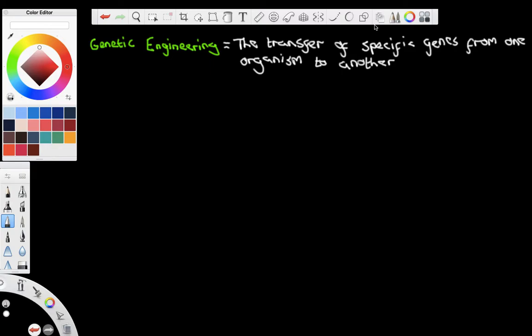Any organism that goes through genetic engineering is known as a genetically modified organism.